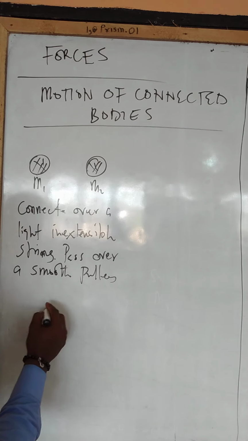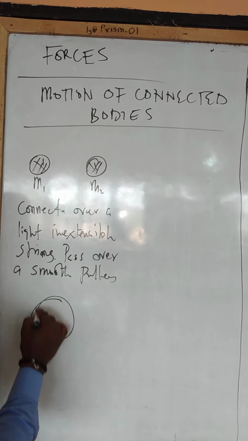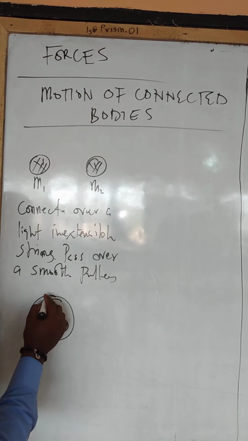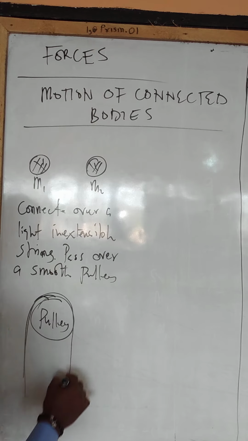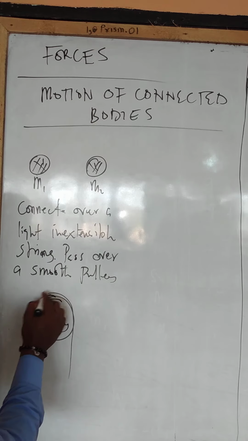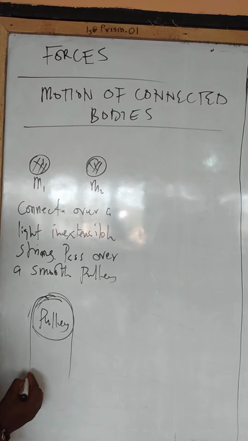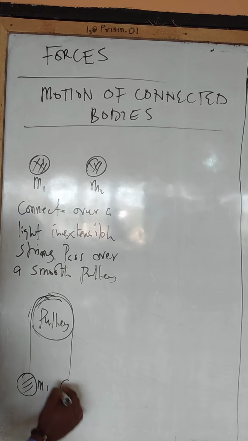If this represents my pulley, then this is my light inextensible string. This is my mass m1 and this is my mass m2.